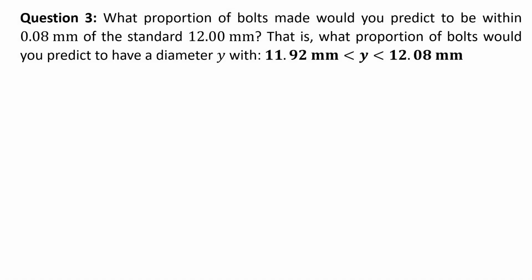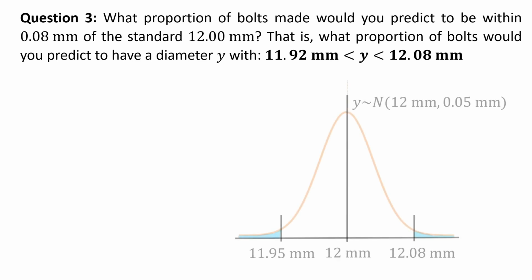Question 3, what proportion of bolts made would you predict to be within 0.08 millimeters of the standard of 12? That is, what proportion of bolts would you predict to have a diameter Y that's between 11.92 millimeters and 12.08 millimeters? So here's a picture. We're looking now for the area in between these two bounds.